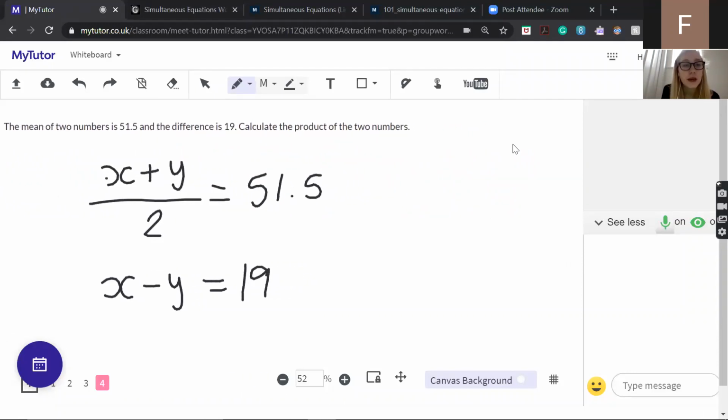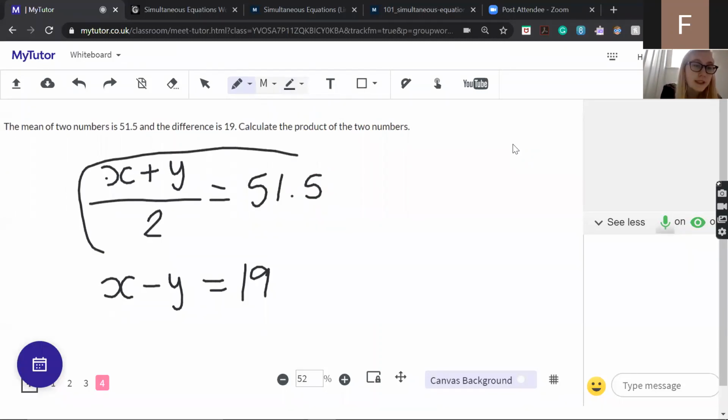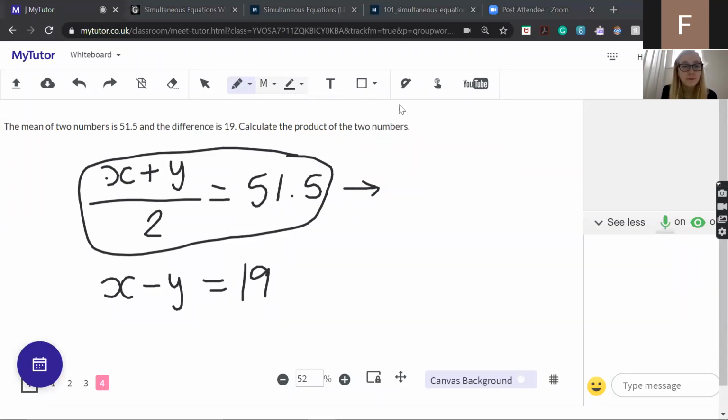What I am going to do is make this equation a bit nicer. Now, how do you think we can make this equation nicer? Yeah, times it all by 2. Cool, well done.